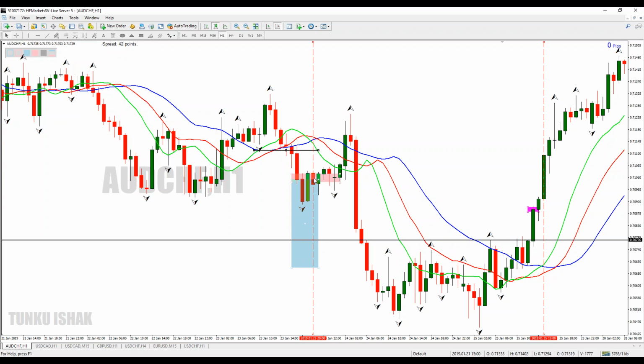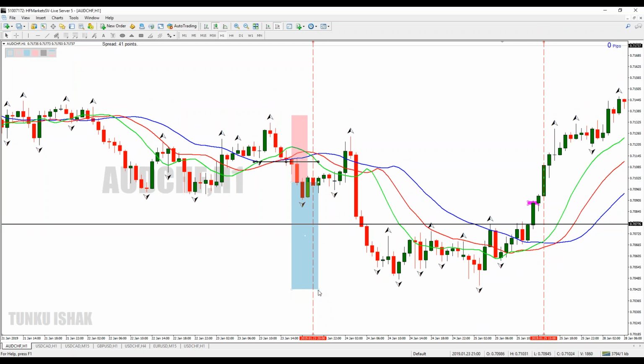So what is going on? Try to look first. Before entry, try to calculate how much your risk is. Like GBP, they are quite big. Okay, 35 pips. This AUDCHF 35 pips. Try to look for the 70 pips. And you can see price reverses back going up, but this is our stop loss high.